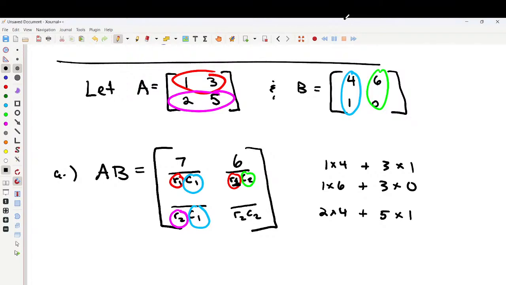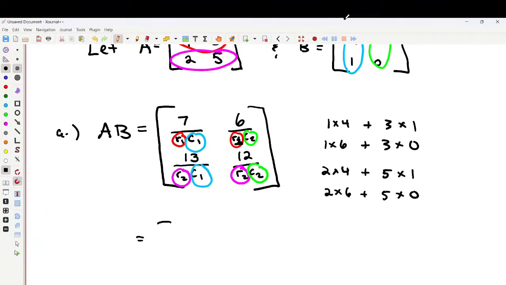Yep, 8 plus 5, 13. And lastly, row 2, column 2: 2 times 6 plus 5 times 0, 12. So if I just wanted to clean it up for us, 7, 6, 13, 12.